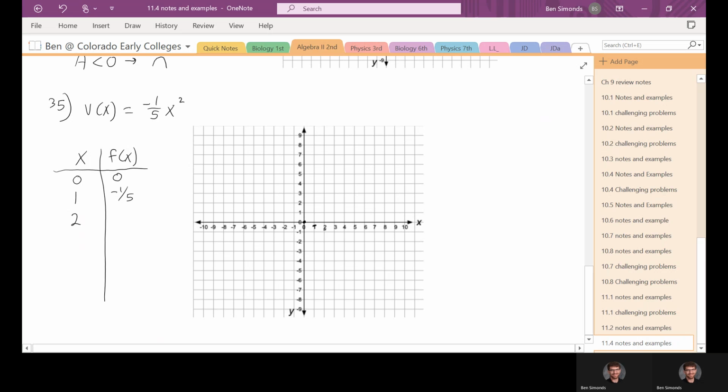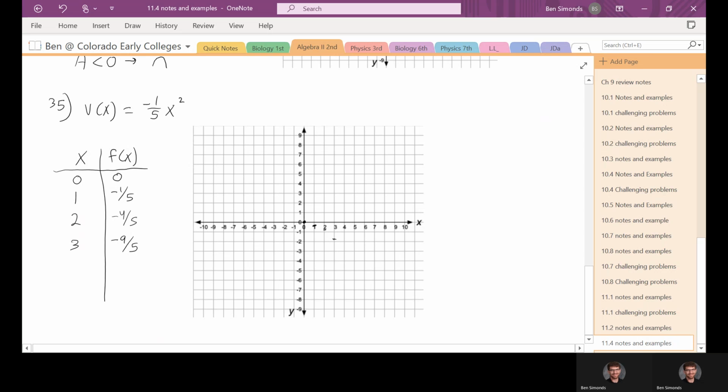We've gone down very slowly. Negative 4/5. 3 comes next. 3 squared is 9 times negative 1/5 is negative 9/5, which is not even to 2 quite yet. So something kind of like right here.